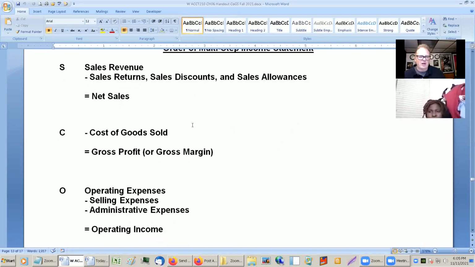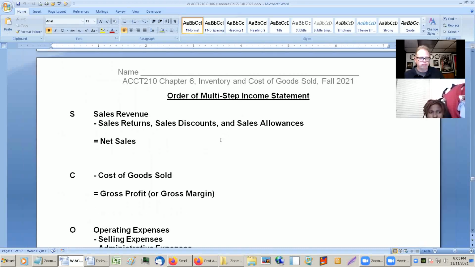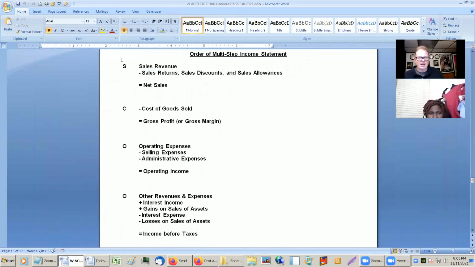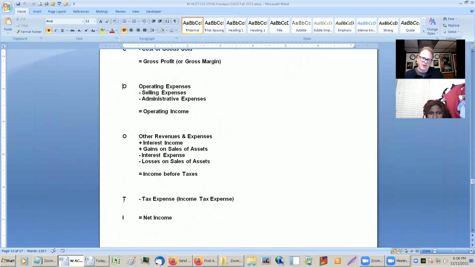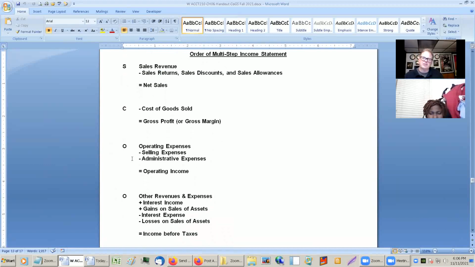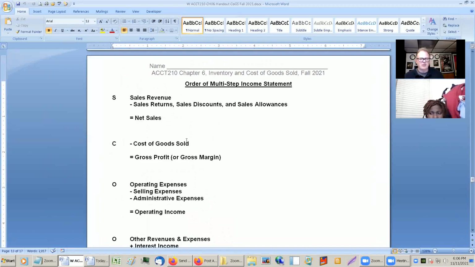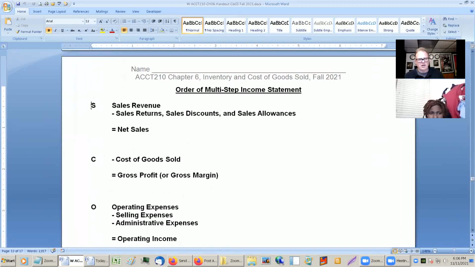Okay, we remember the order by SCOOT. There's really 5 categories, SCOOT-E if you count the income at the end, but SCOOT is how we remember the order of it. And we start out with S for sales.